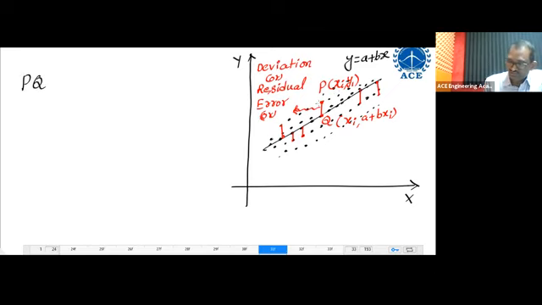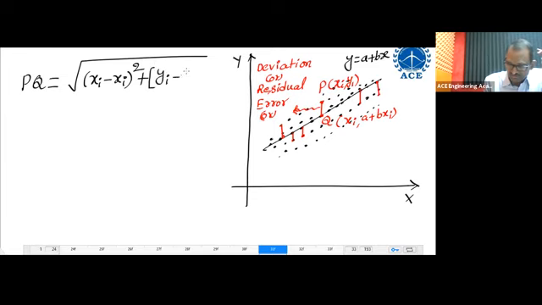The distance between two points is the square root of x2 minus x1 whole square plus y2 minus y1 whole square, where this is x1, y1 and this is x2, y2. So x2 minus x1 whole square plus y2 minus y1 whole square, that is yi minus of a plus bxi whole square.